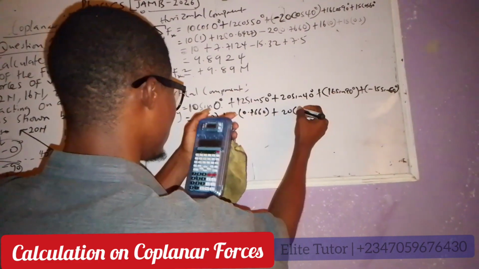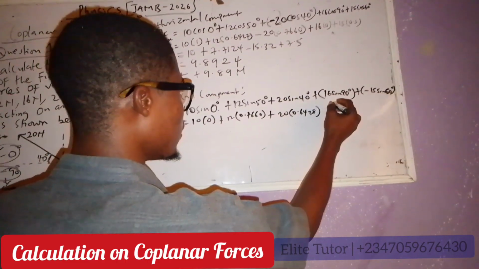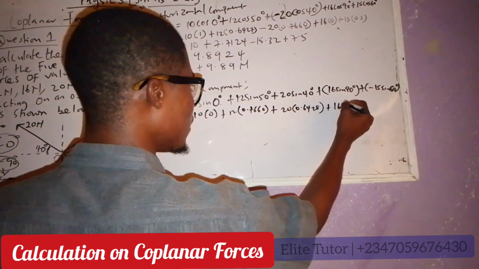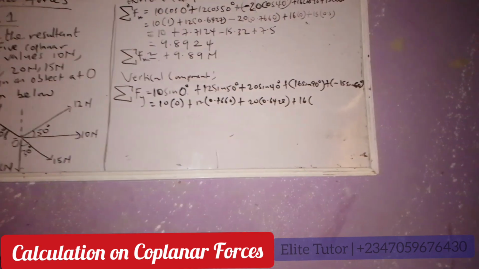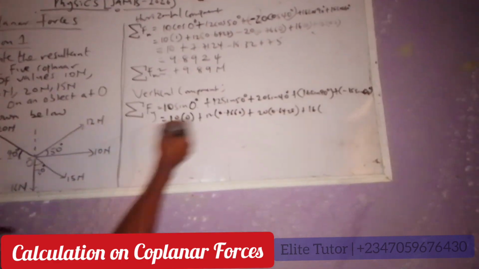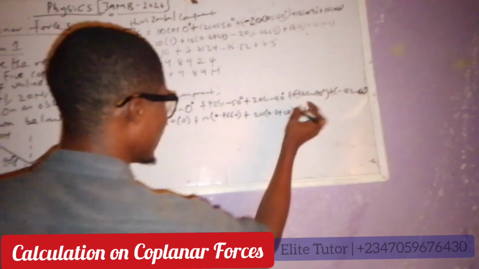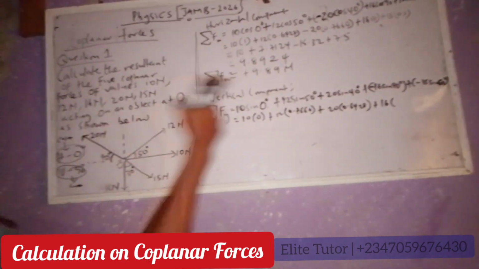Sine 40 is 0.6428. Then plus 16 into sine 90, I think I made a mistake here. 16 sine 90 is supposed to be negative, sorry. Correct that: minus 16 sine 90 because the vertical here is negative, so it's applicable.